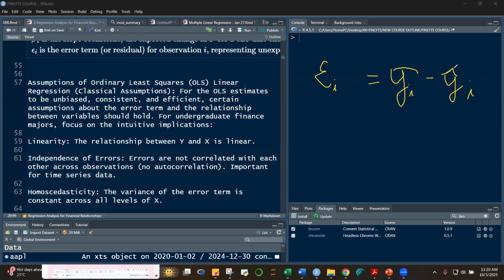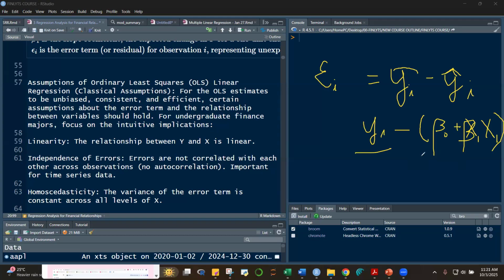Your predicted value is denoted by y hat sub i, which is equal to beta null plus beta 1 times x sub 1, assuming this is a simple linear regression.